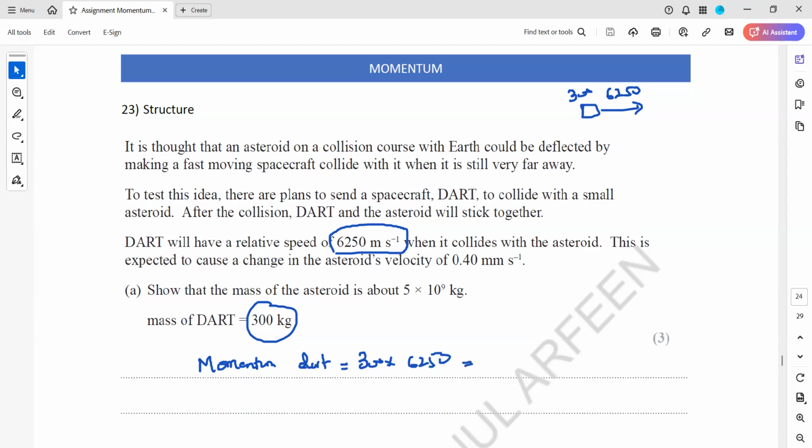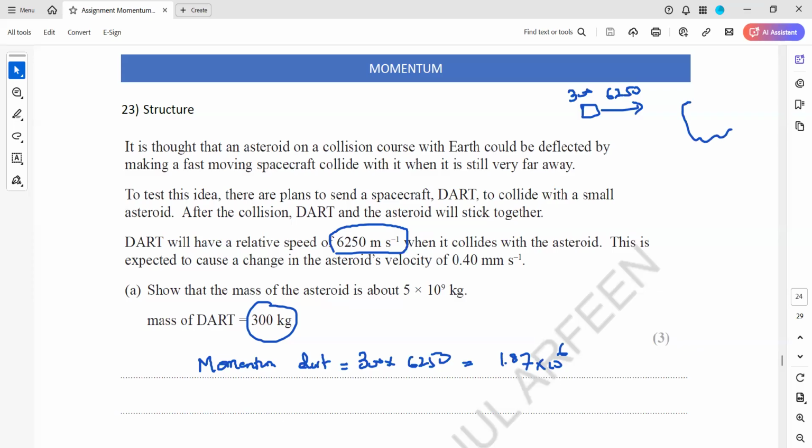What is the answer for this? 1.87 × 10^6. So this is the momentum of the DART.